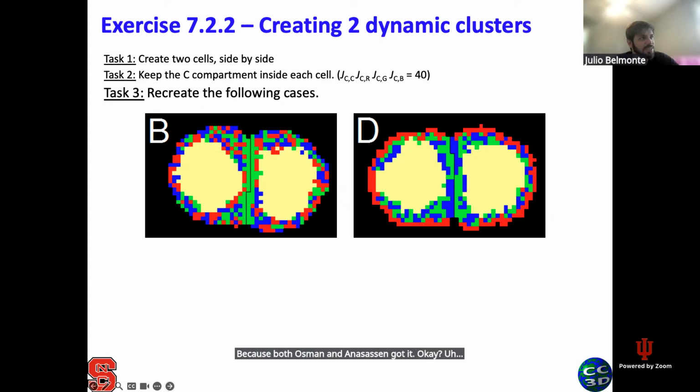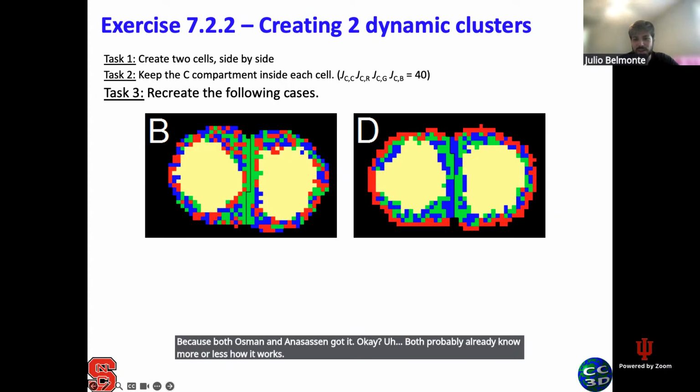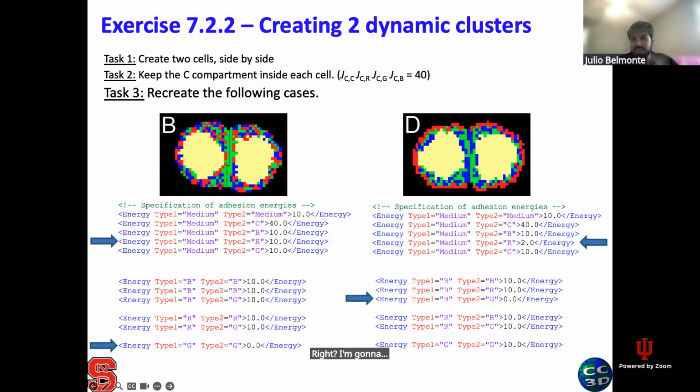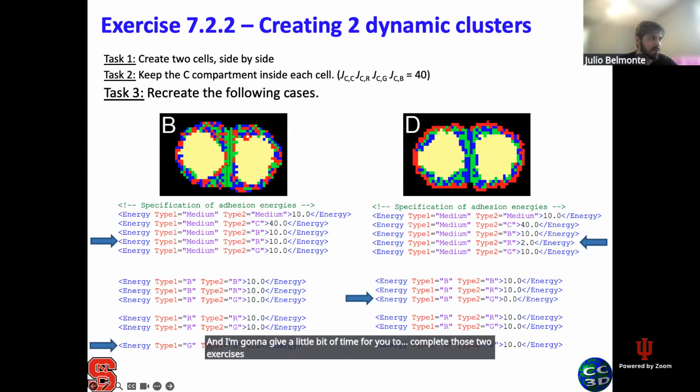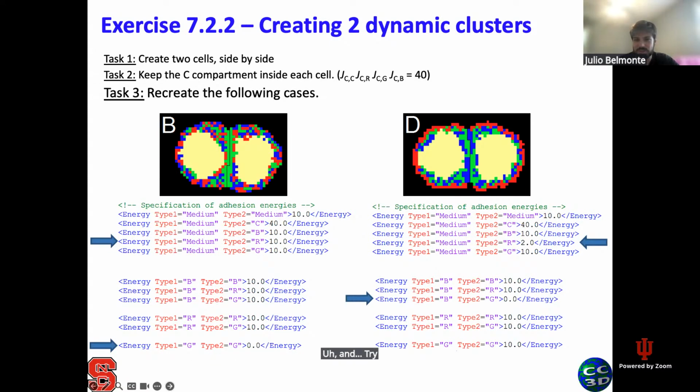I'm going to leave the answers here, and give you a little bit of time to complete those two exercises. Maybe you can try your own or just look at what I did on each one and try to reproduce it yourself. So I'm going to give you 1 minute before we move on to the next exercise, which is going to be modeling planar cell polarity.